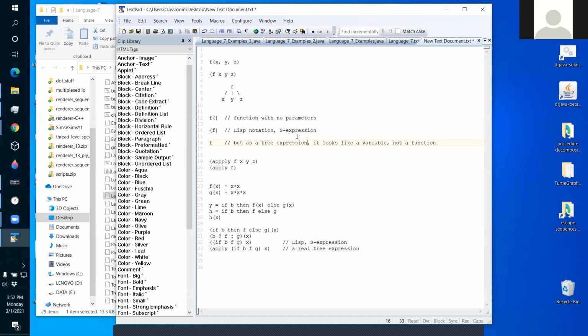The Lisp people wanted S expressions because they're more elegant. They didn't want to have to type apply every time you call a function. So they let you have parentheses like that. You can have an expression here that returns a function and then passes it arguments like 3 or 4. So this could be an expression that evaluates to a function.